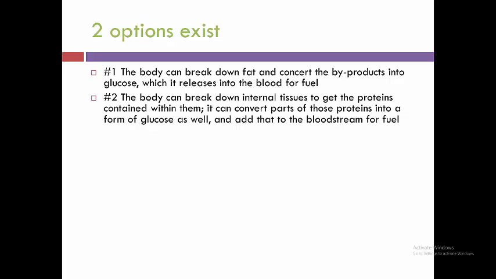Let me use some protein. Protein has 4 calories per gram. I don't have a storage depot of protein like I do of fat. So the only way I can get that protein is if I rob it from the tissues that contain it. The heart's a muscle, so it's made of protein, so I can start breaking down the heart muscle. The intestines are muscles. I can start breaking down those tissues. The liver is a muscle.